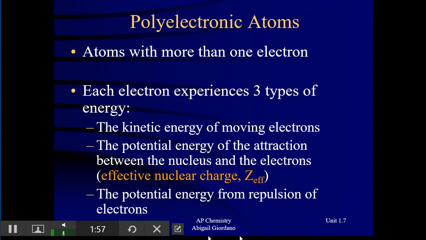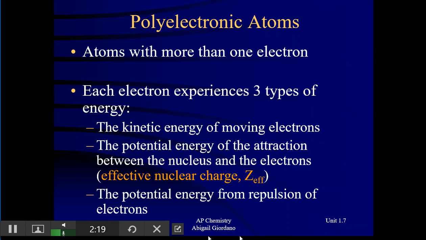This is the one that if you can understand this, you can understand all of the periodic trends. Electrons experience a force of attraction to the nucleus, and that should make sense because the nucleus has positively charged protons. The electrons are negative, opposites attract.